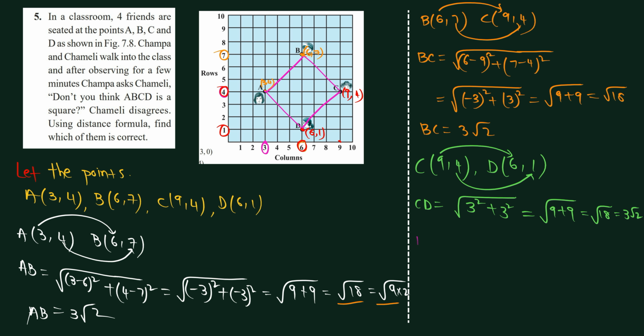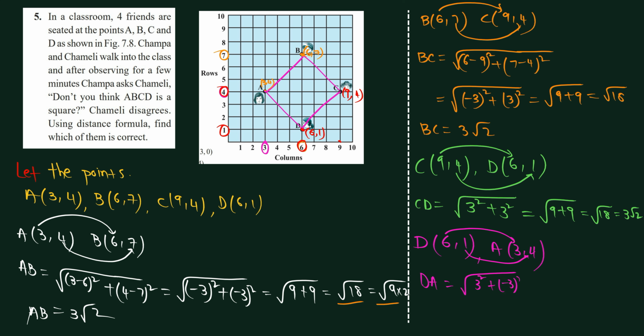Okay, so DA. So what is the D point here? D value is 6 comma 1, A value is 3 comma 4. So DA value is equal to root over 6 minus 3. 6 minus 3 is how much? 3. 1 minus 4 is minus 3.